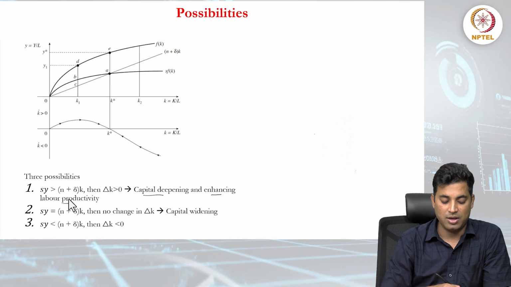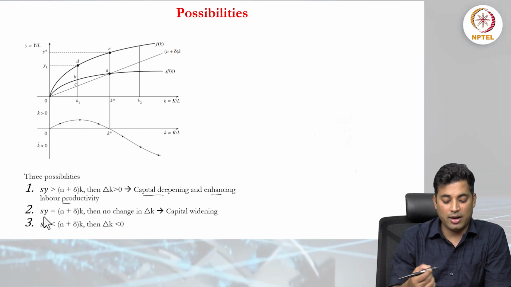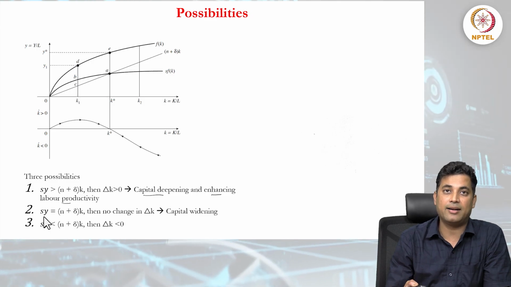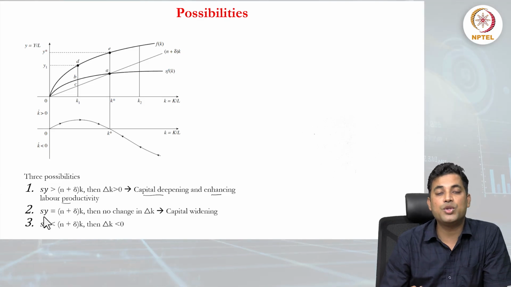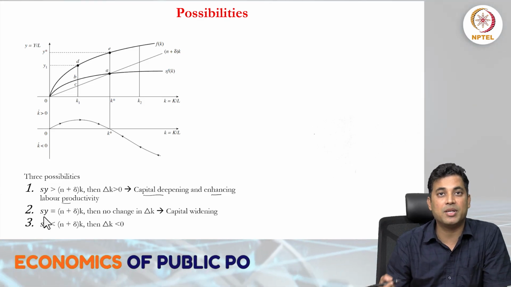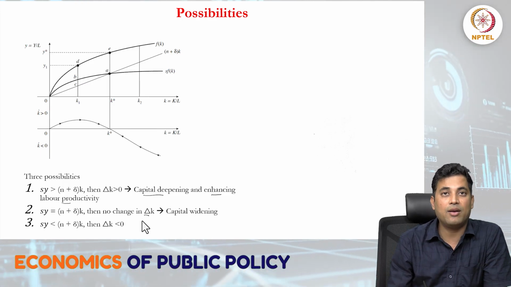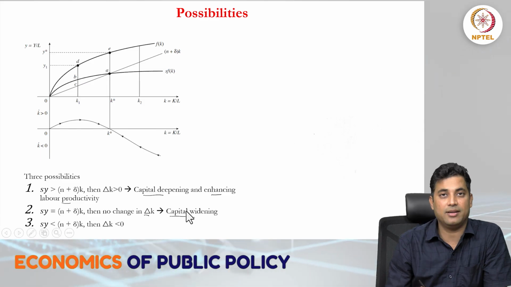It means labor will have more physical capital to access, and that will have an impact on production. The second is when small sy equals (n plus delta) times small k, which means there is no change in the capital per worker ratio. So delta k will be equal to 0, which means capital widening.